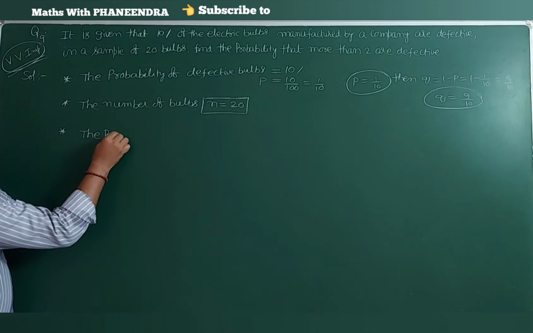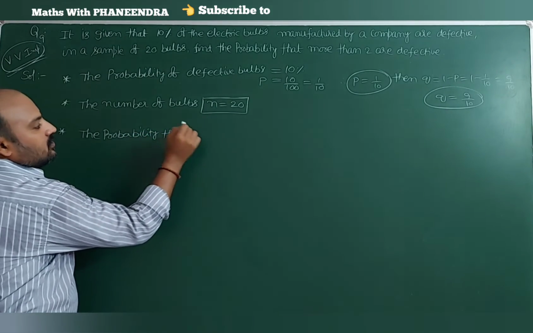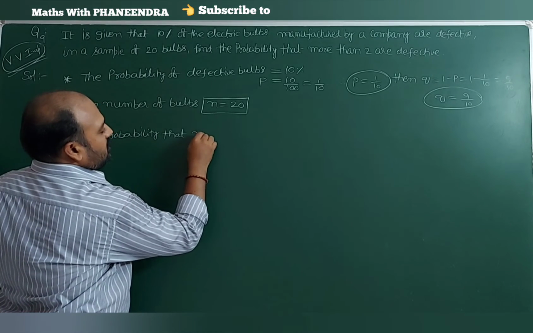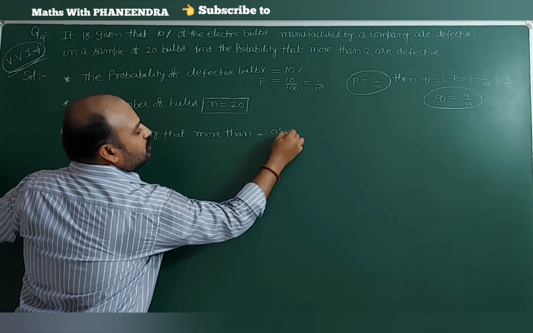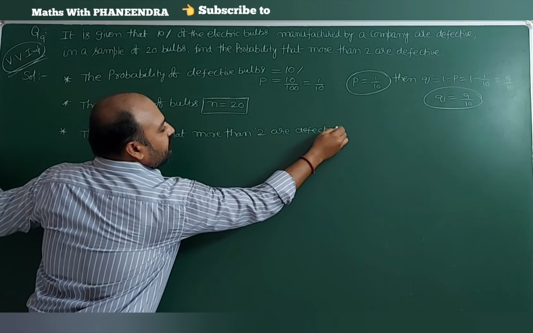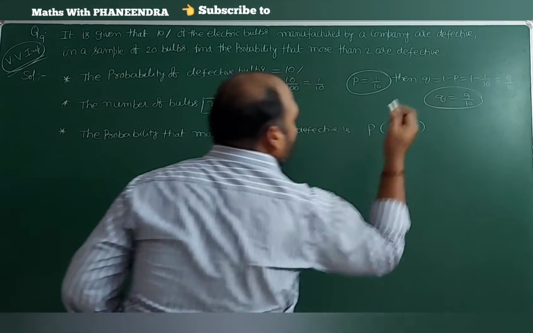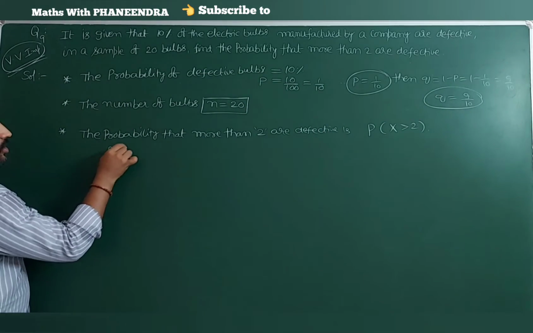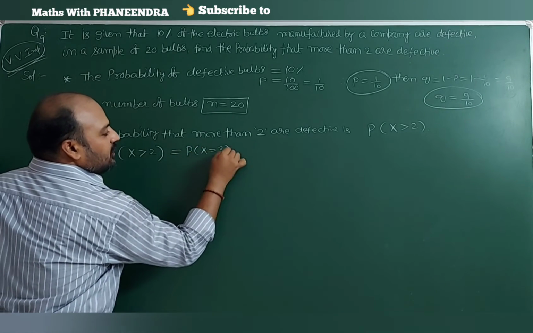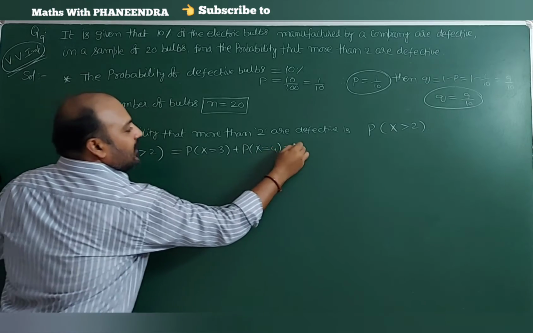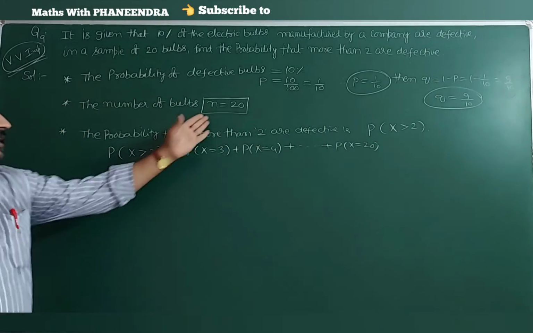The probability that more than 2 are defective is probability of X greater than 2. What is P of X greater than 2? P of X greater than 2 means P of X equal to 3 plus P of X equal to 4 plus and so on, up to P of X equal to 20, till N is equal to 20.